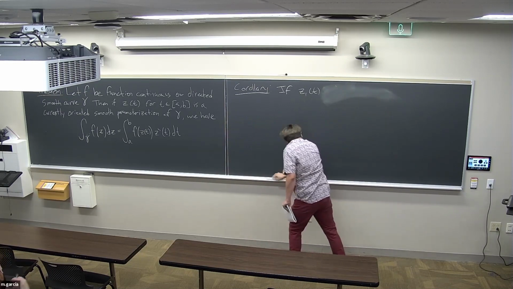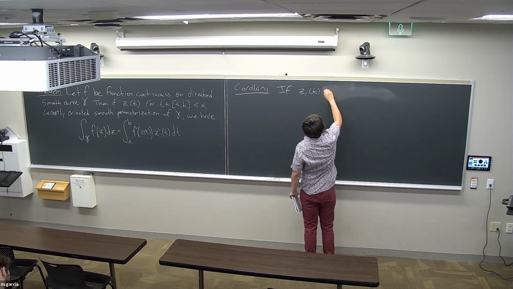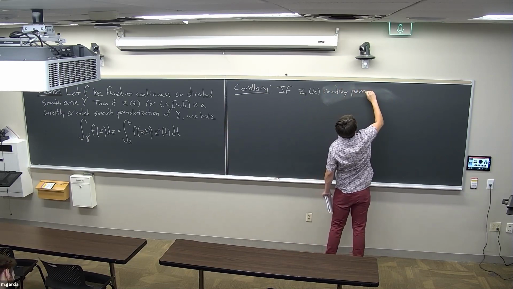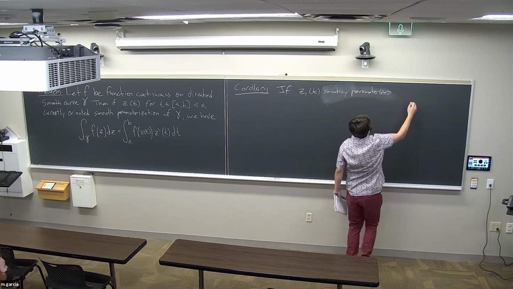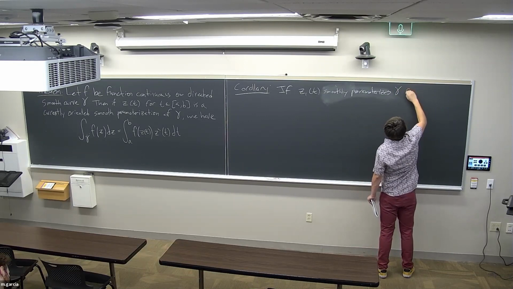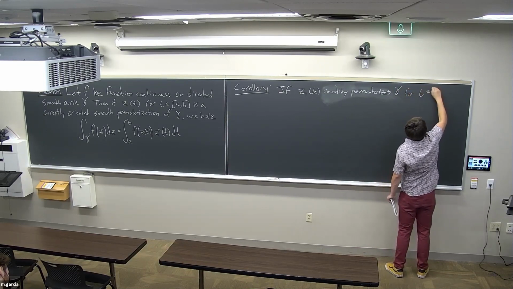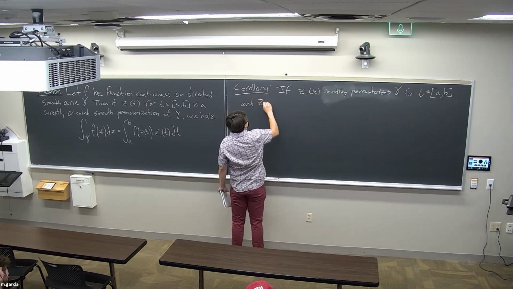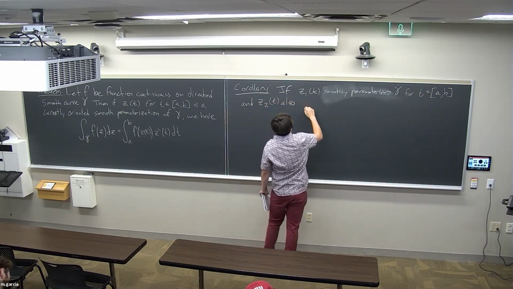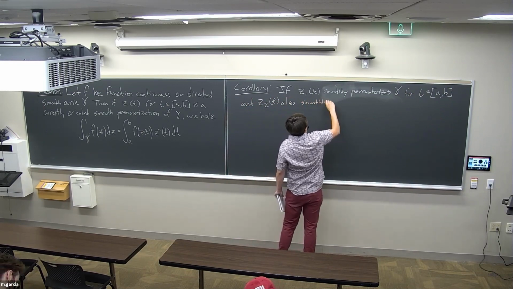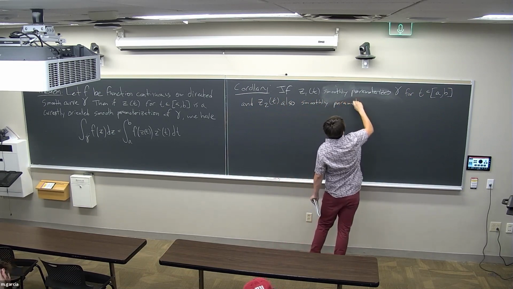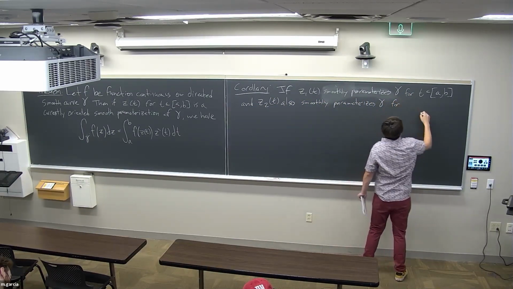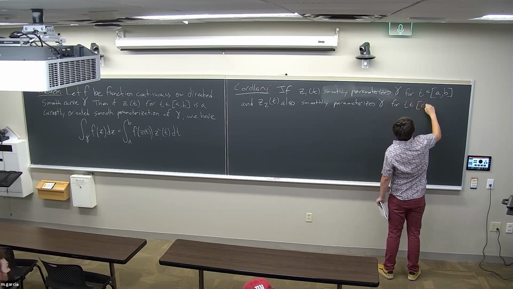If, let's say, Z1 of t smoothly parameterizes gamma for t in the interval a to b, and Z2 of t also smoothly parameterizes gamma for t in some other interval, c to d.